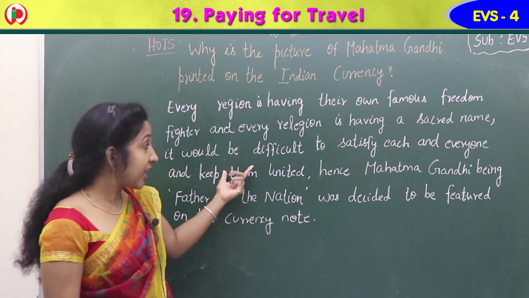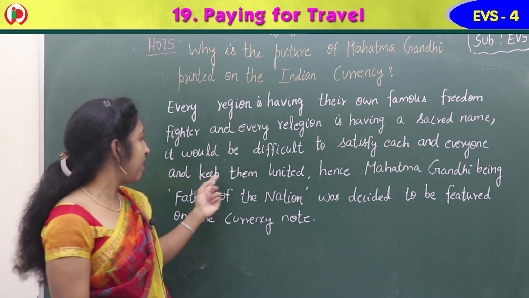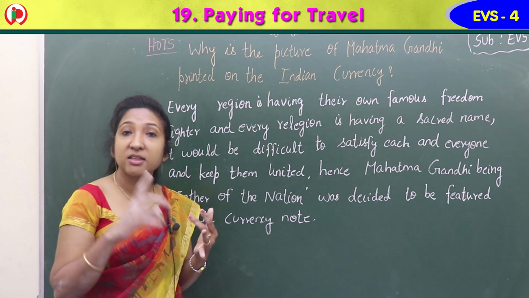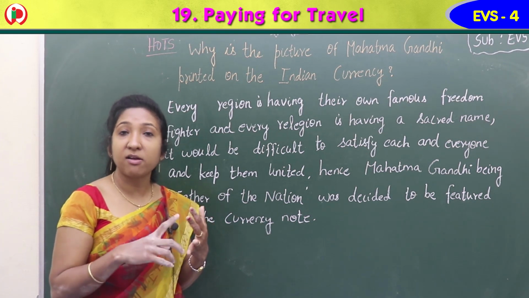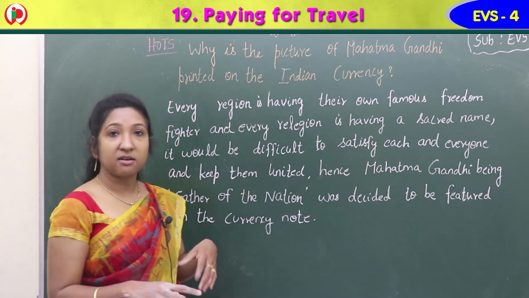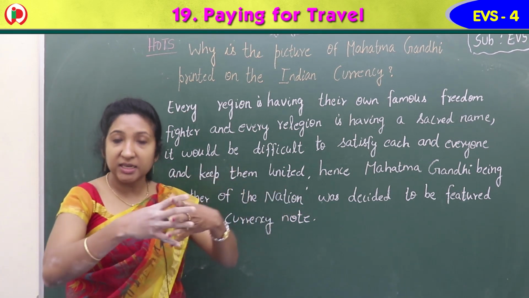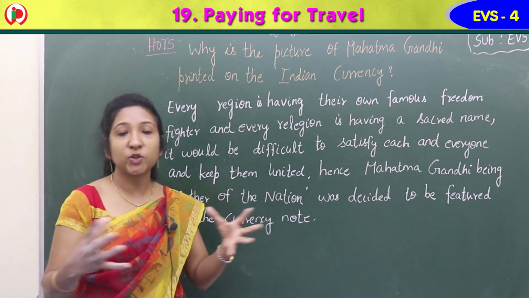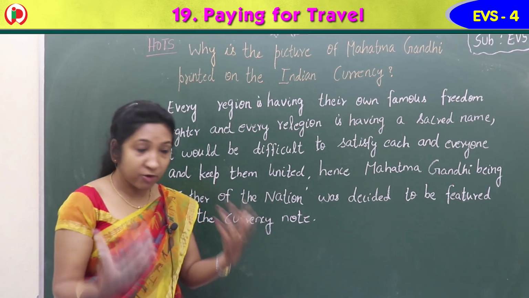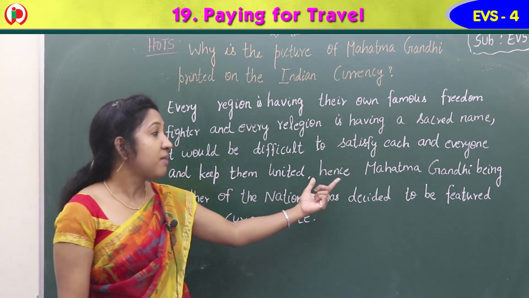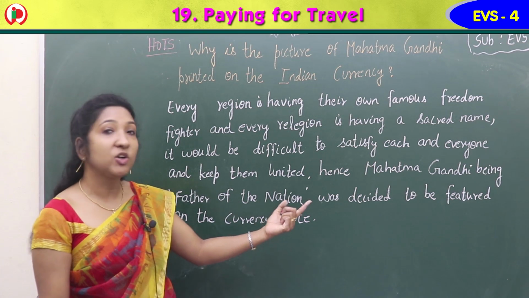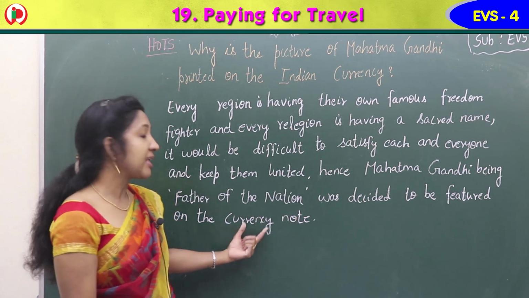It would be difficult to satisfy all religions or all freedom fighters in all regions, and keep them united. So we have to keep everyone united. Everyone is equal to us. We have to treat everyone equally. Hence Mahatma Gandhi, being father of the nation, was decided to be featured on the currency note.